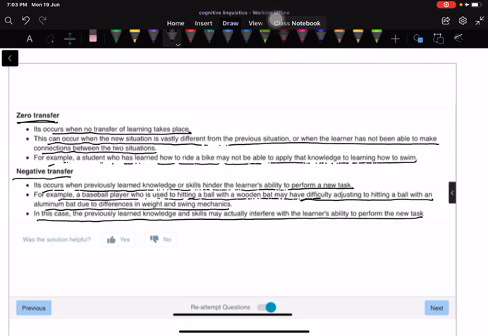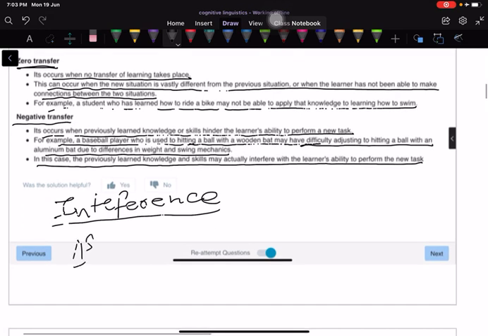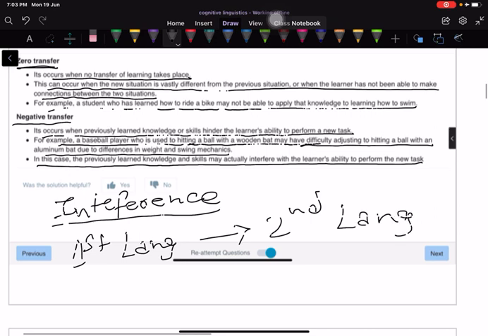Another example of negative transfer can be interference in language learning. When someone already has the knowledge of his first language, he then has problems learning the second language like a native speaker.